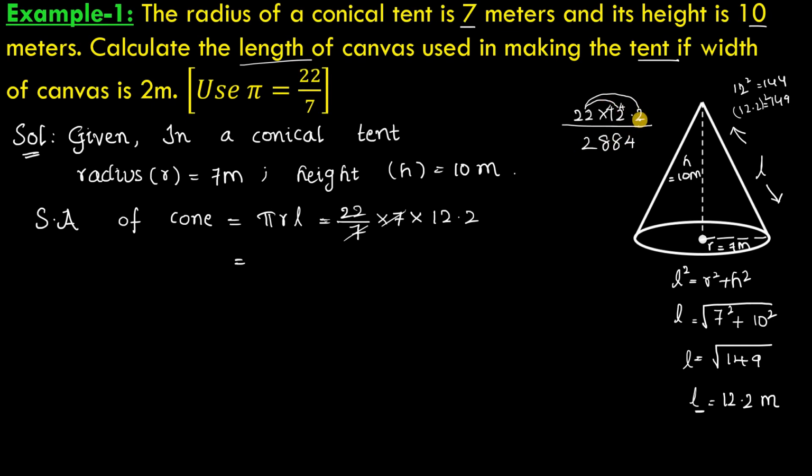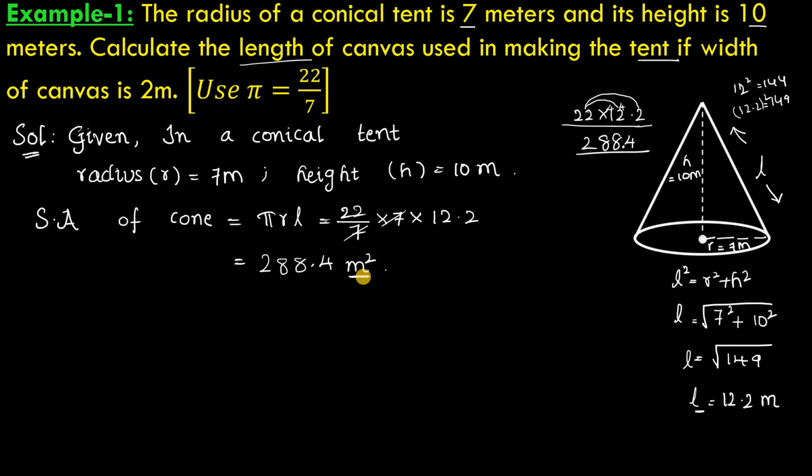Here the point is before one digit, so in our answer also we'll keep it before one digit. 268.4 meters square. For area, we should mention the unit square.